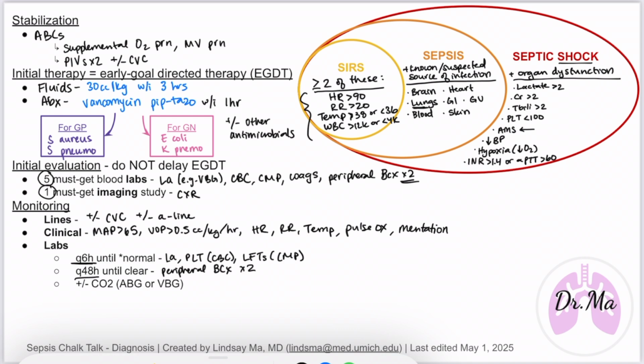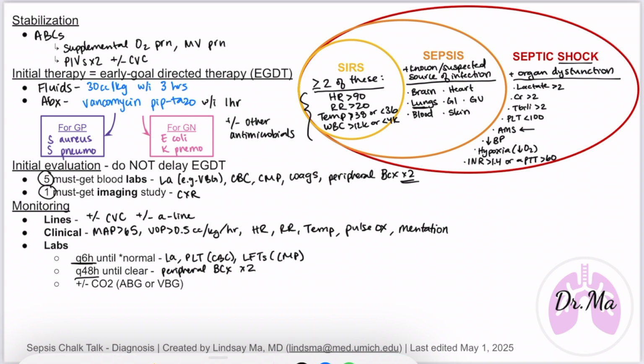If the patient also has signs of organ dysfunction, we categorize them as having septic shock. In either case, if they have sepsis or septic shock, we'll want to stabilize them by giving supplemental oxygen or even mechanical ventilation. We'll want to make sure that they have 2 peripheral IVs and ways to infuse large volumes of fluids if needed, such as using a central venous catheter.